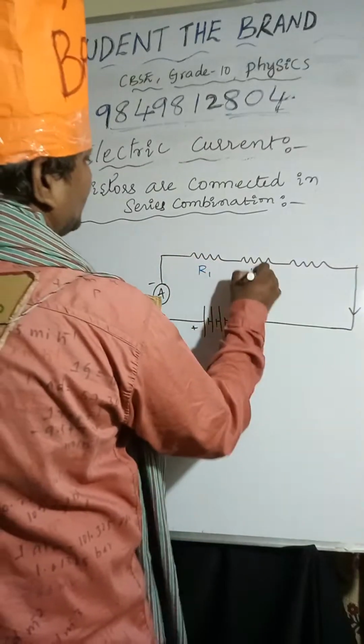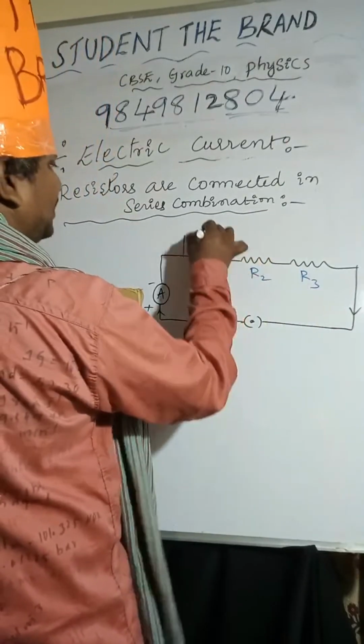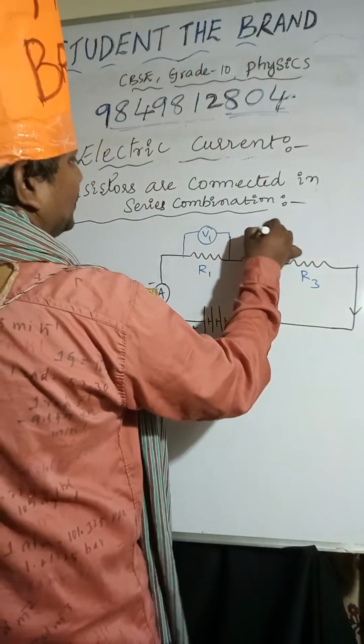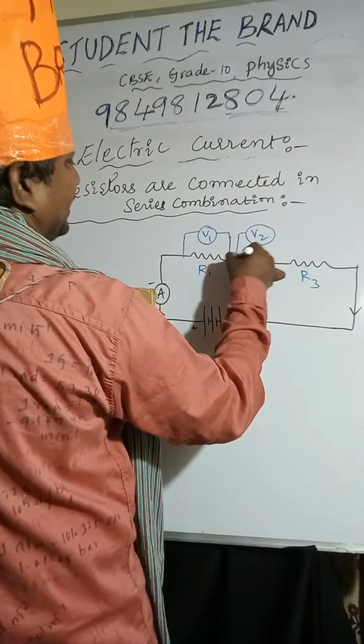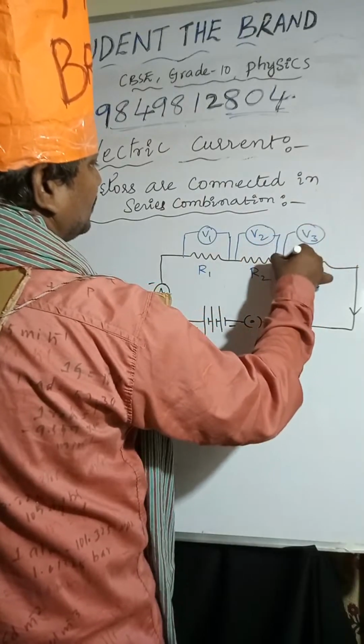R1, R2 and R3. Across R1 the potential difference is V1, across R2 V2, across R3 V3.